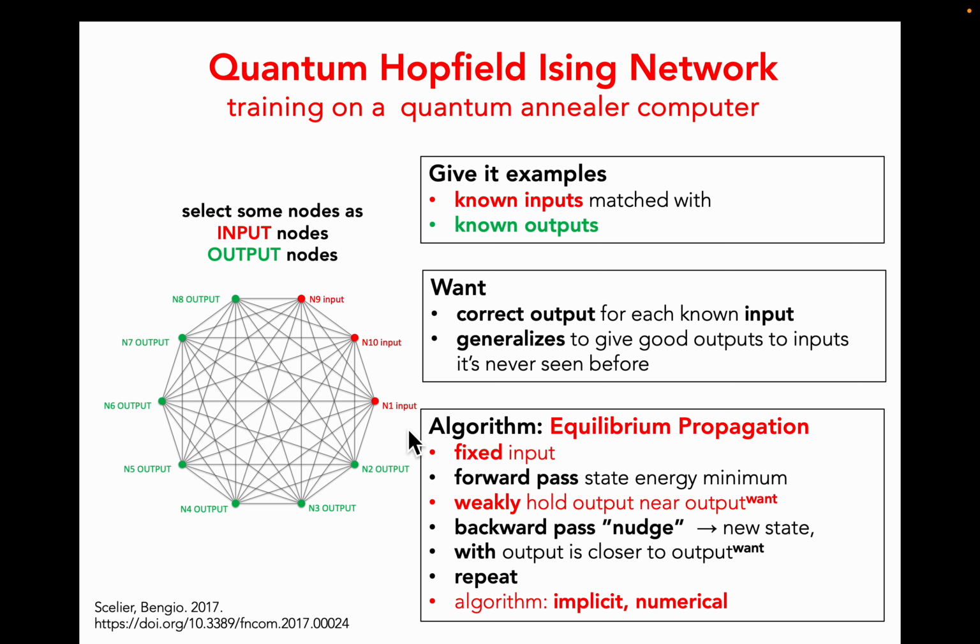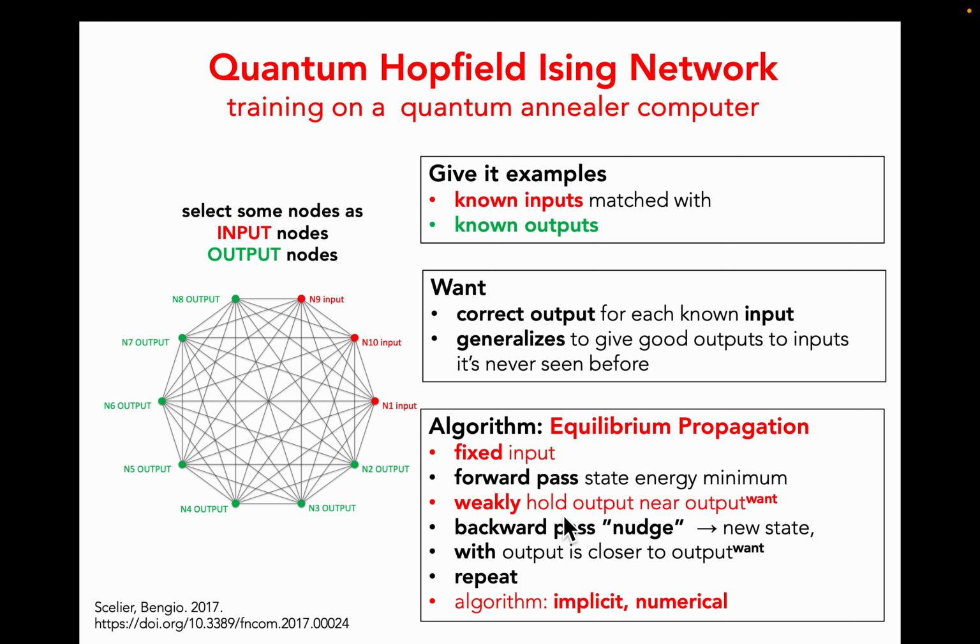The algorithm to do that is called equilibrium propagation. The way this works is we fix the input. We do a forward pass, which will determine the first energy minimum before any training.